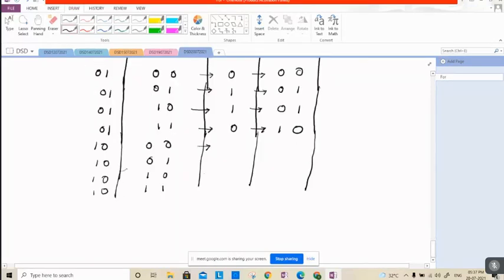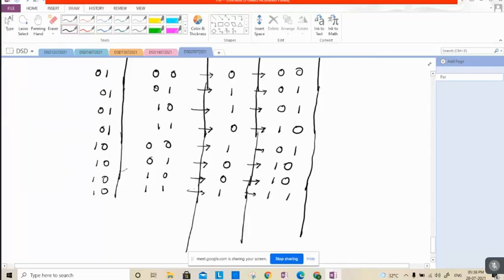Now here 1 0 1, in this case 0 1 0, and here 0 1 0. 1 1 1, so this is 1, 1 and 1.